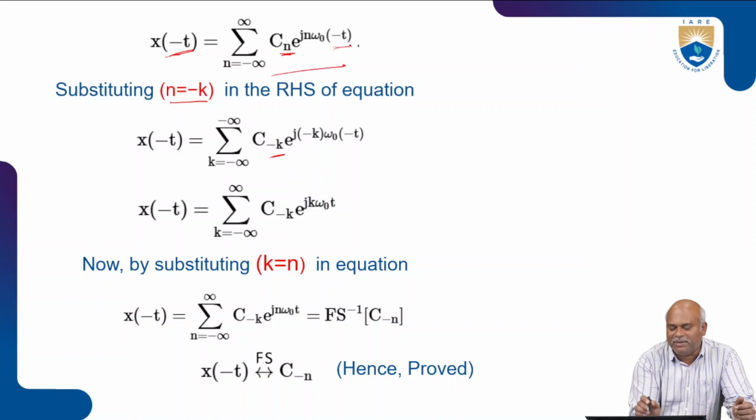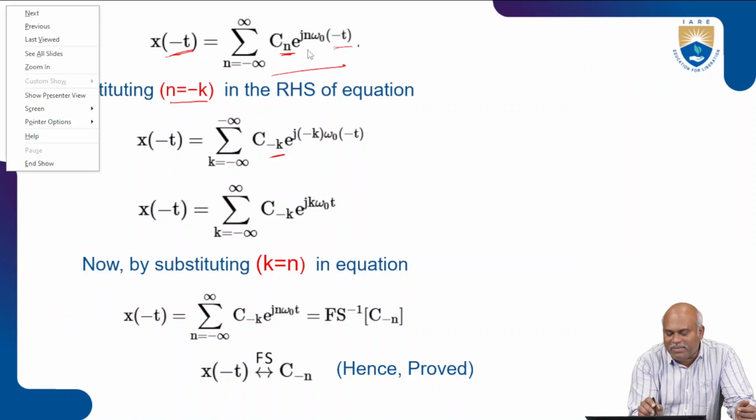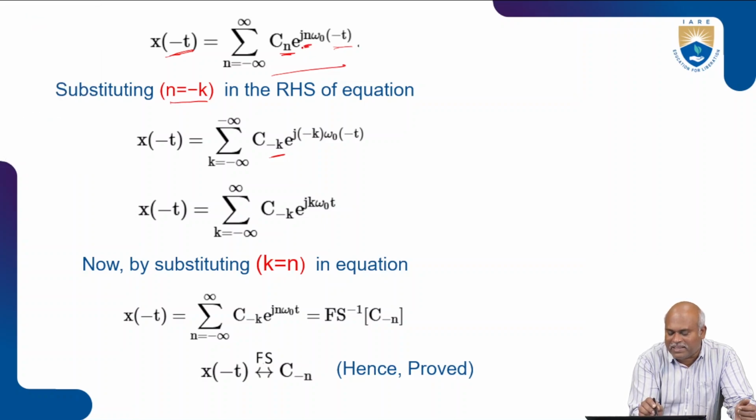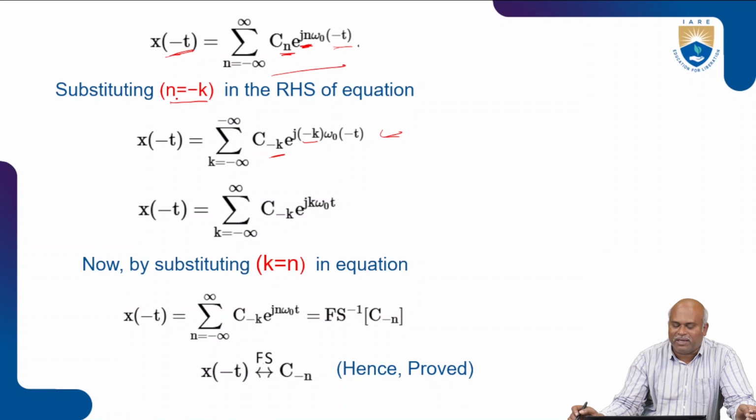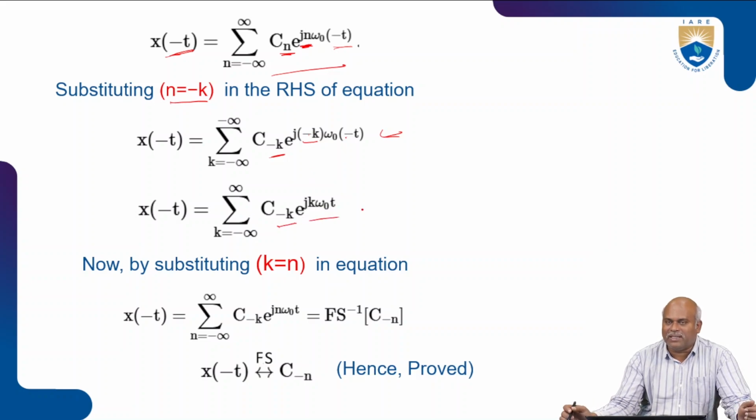Next, minus of t is there, and at the same time plus of n is there, so I write it as minus of k. Now I can simplify this equation: where n is present, I write minus of k. So, x of minus t is equal to the summation over k of c of minus k, and then this minus gets to plus of k.